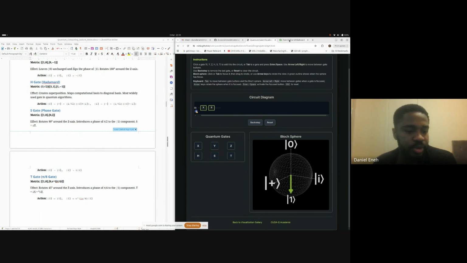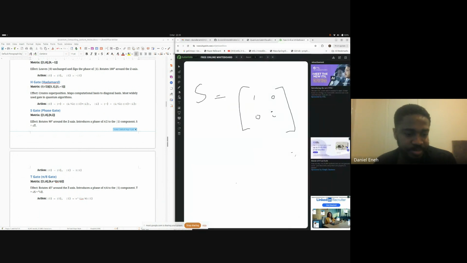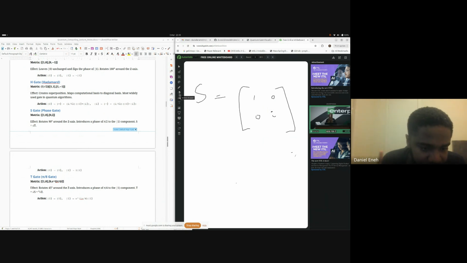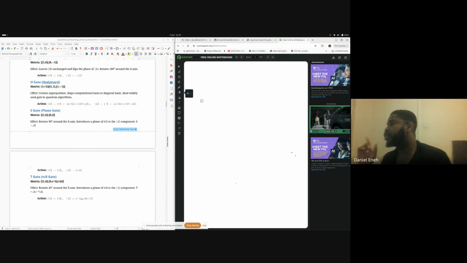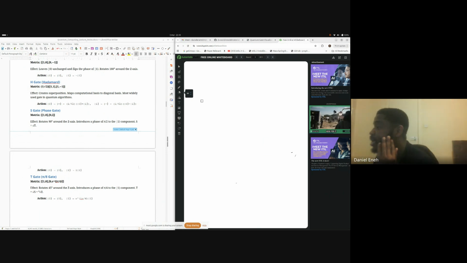So let's go to the T gate. The T gate is kind of weird. You need to know why, what is the use case. There's GPU processing and there's quantum processing, and quantum processing is not the same as GPU.